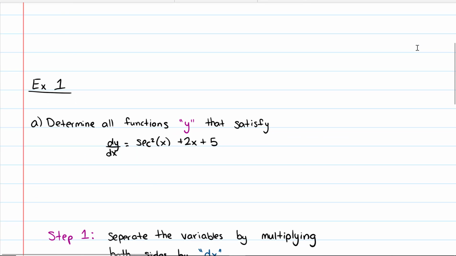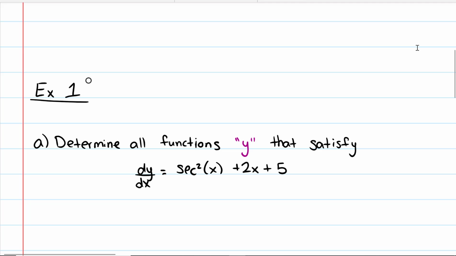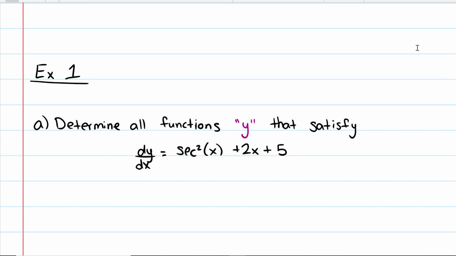So in example 1, we're going to determine all functions y that satisfy dy/dx is equal to secant squared x plus 2x plus 5. So keep in mind that dy/dx represents a derivative. So it's like y prime. It's not the derivative, it's a derivative.